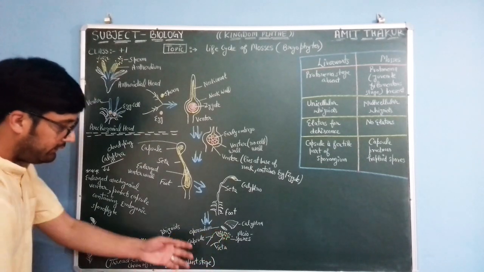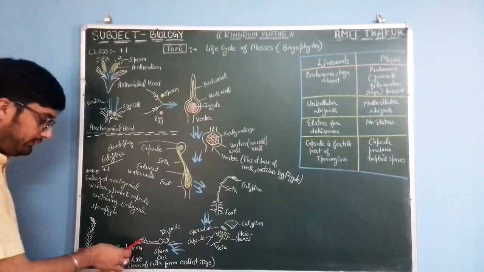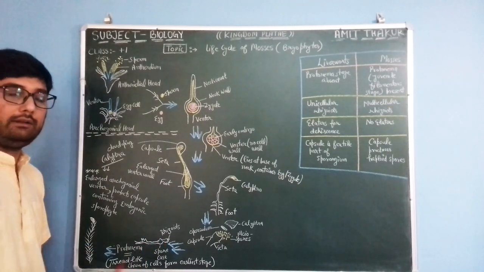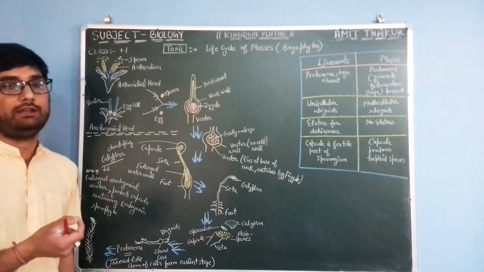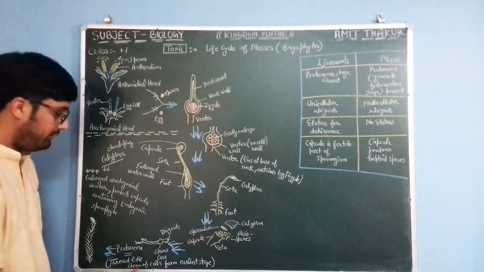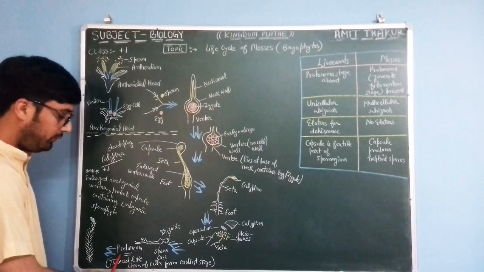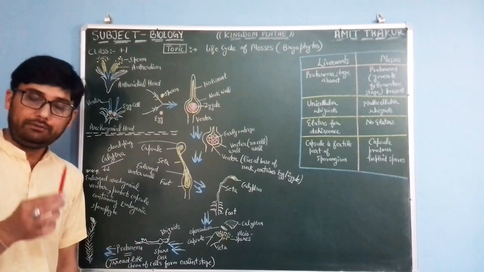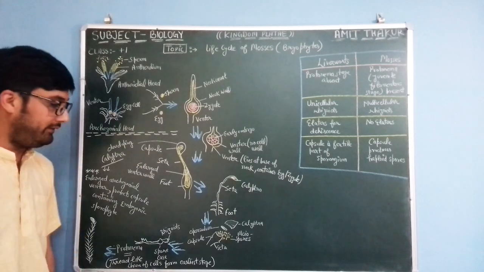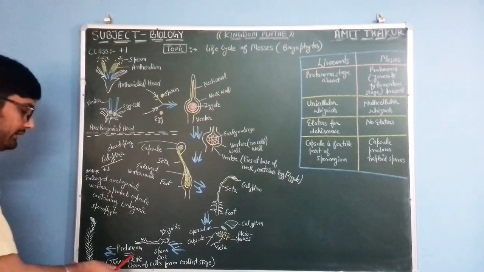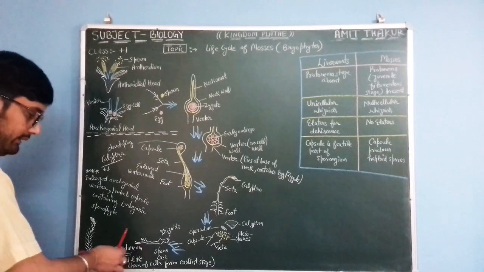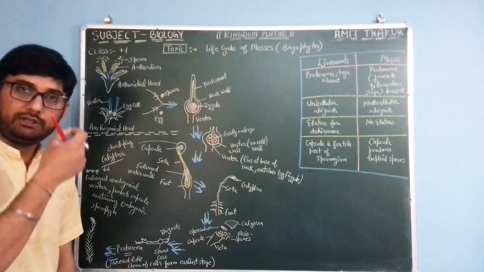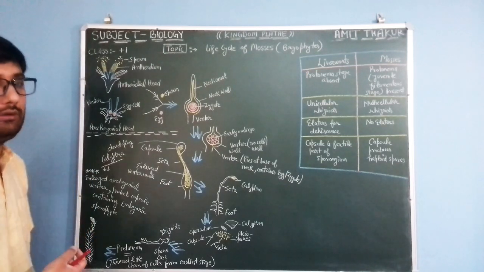released, they would modify into this thread-like chain of cells, and that forms earliest stage of the life cycle of mosses, which is known as protonema. So protonema stage is the earliest stage in the life cycle of mosses, bryophytes. This protonema is now going to change into a mature plant structure of bryophytes.